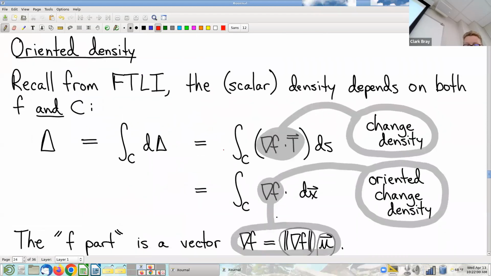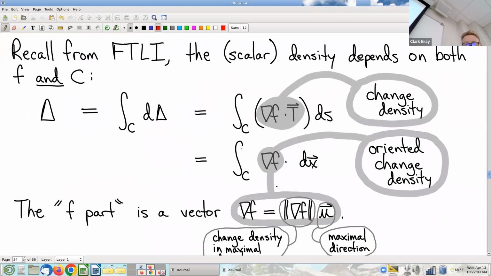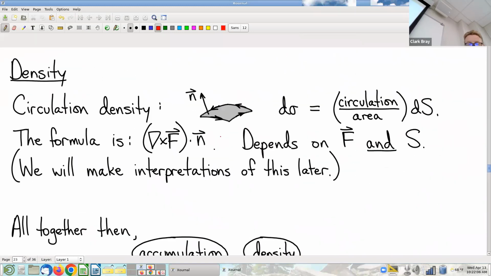Okay, so let's go back now and talk about what's the deal with this dot that we see right here. There's something a little weird about it. If I've got a vector field about which I want to talk about circulation density, in general, if I have some function of any description and I want to talk about some associated density, you would think that the density of the thing only depends on the thing.